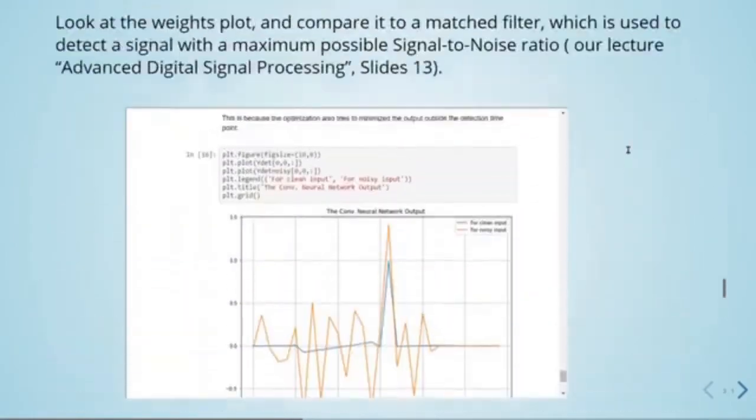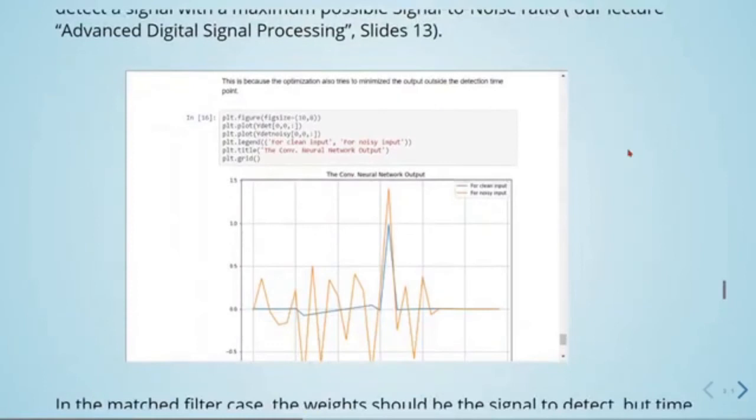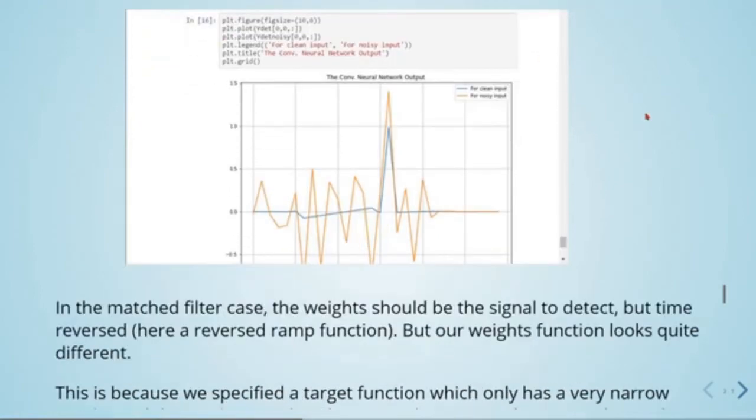It's interesting to see that even though it's called a convolutional neural network, a lot of libraries don't calculate the convolution, they calculate the correlation, the cross correlation, which can be seen as a convolution but without the reversed impulse response, so without the reversed weights.